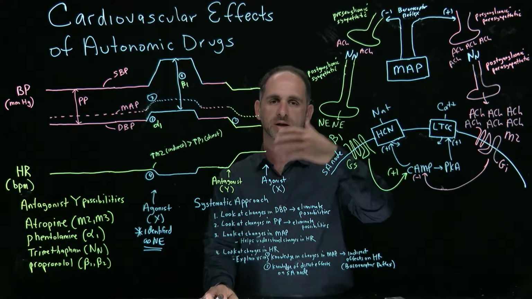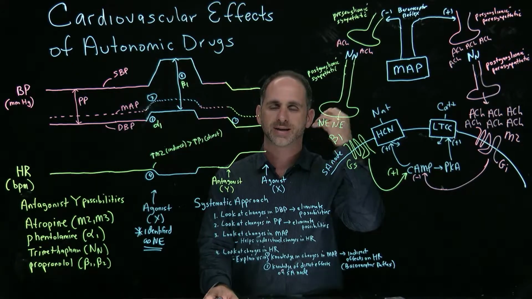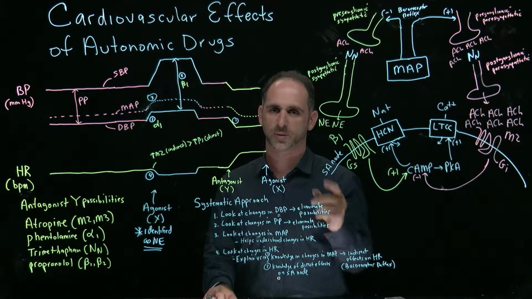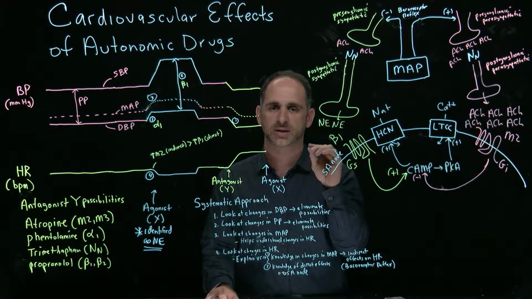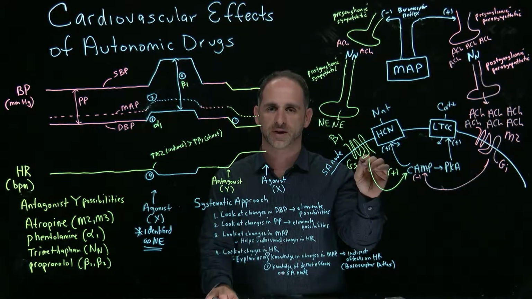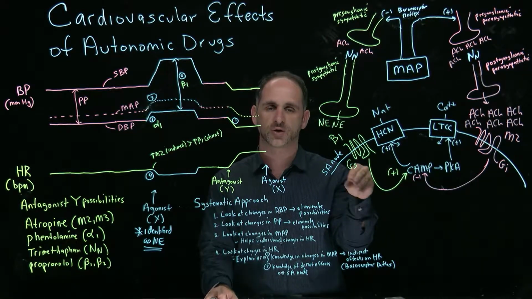Remember, for the diastolic blood pressure, we want to think about the systemic vascular resistance. Well, remember that the parasympathetic division does not innervate the blood vessels for the most part, and there's no acetylcholine activity for you to block.